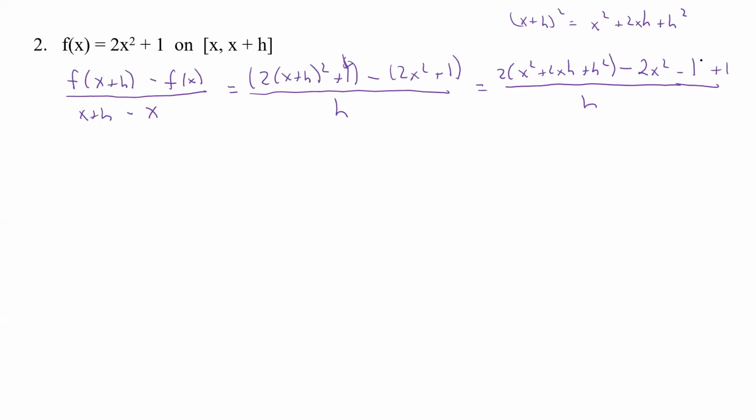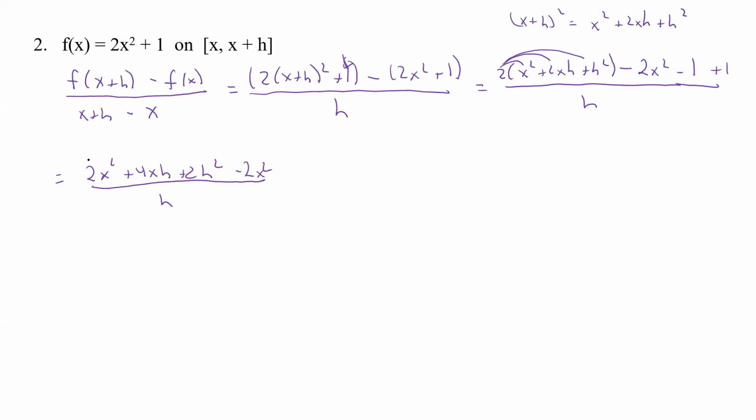Well, notice now that this cancels this, so now we've simplified a little bit more. And at this time, we're also going to distribute. So that's going to give us 2x squared plus 4xh plus 2h squared. The 1's cancel, and then we have a minus 2x squared, and that's all over h.